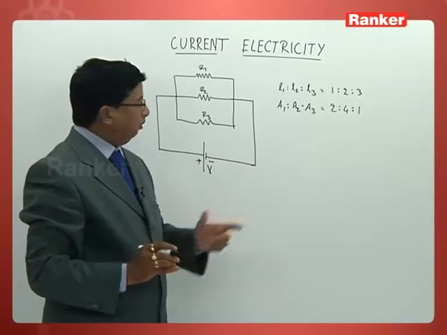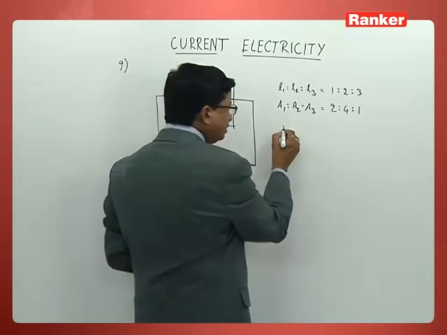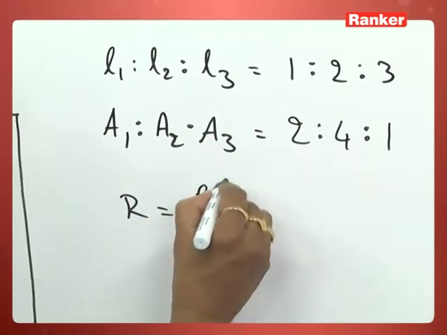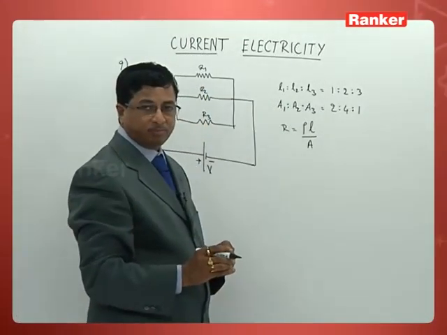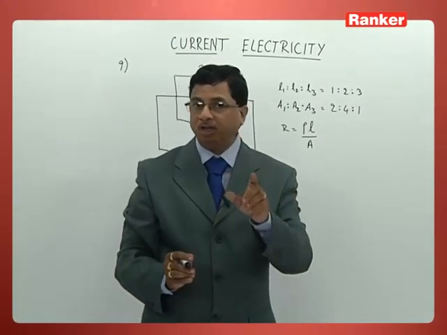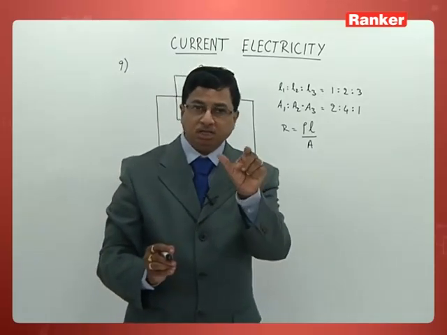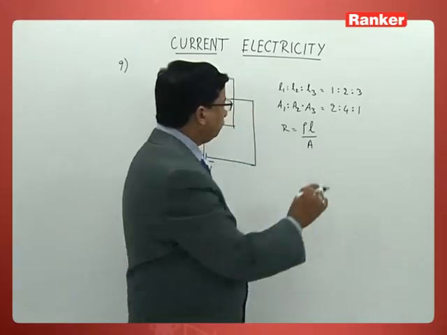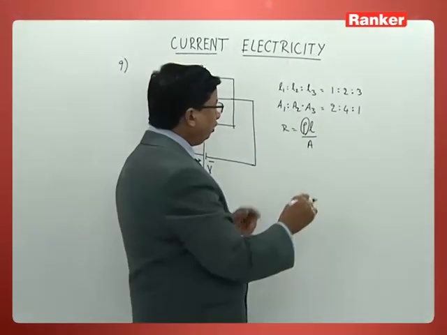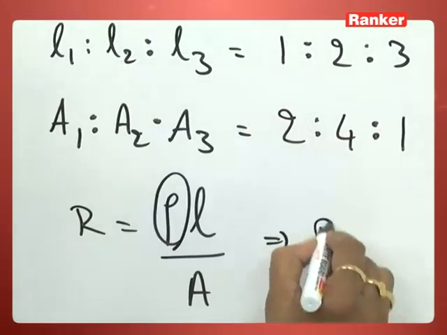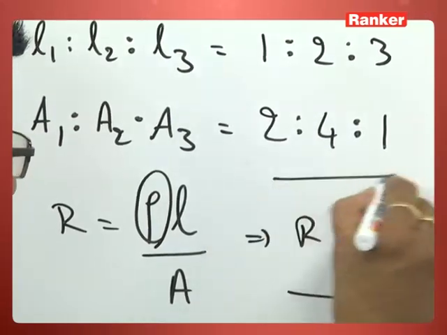But we are taking their resistances here. Resistance is equal to rho into L by A. That is the formula. Every one of you knows already, I have discussed it in the beginning of this problem. Same material means rho is going to be constant for all the three wires. Then what you can understand here is R is proportional to L by A.